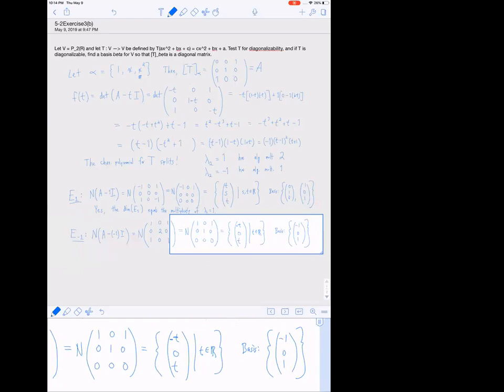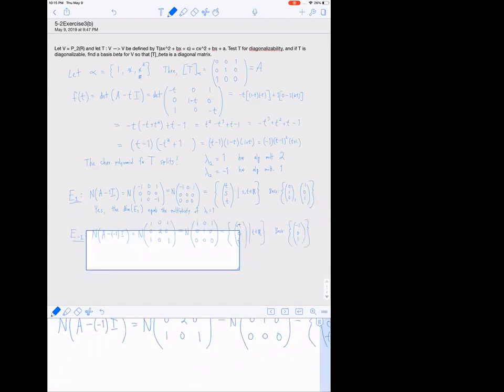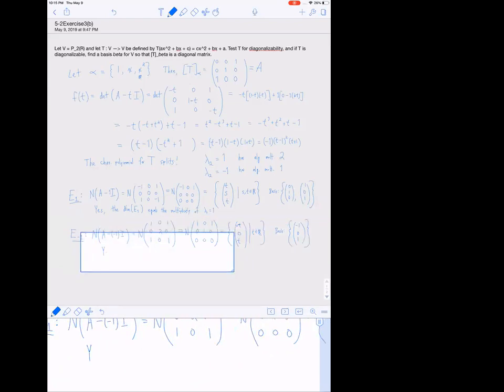Great. This is almost what we want now. We know that, let me write the last step down. Yes, the dimension of the eigenspace corresponding to eigenvalue -1 equals the multiplicity of lambda 2, which was -1.